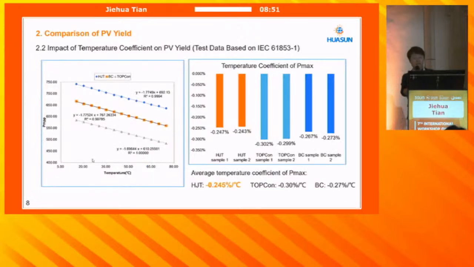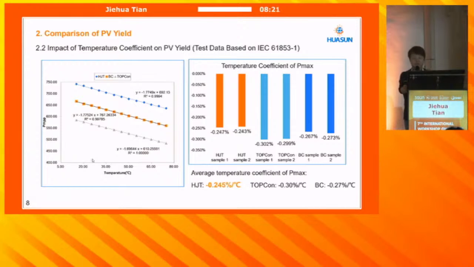Next, let's talk about the temperature coefficient. The left graph is the lab test data at different temperatures. The right graph is the tested temperature coefficient of the models. Each model has two samples. The average temperature coefficient of IGT is minus 0.245. TOPCon is minus 0.3.